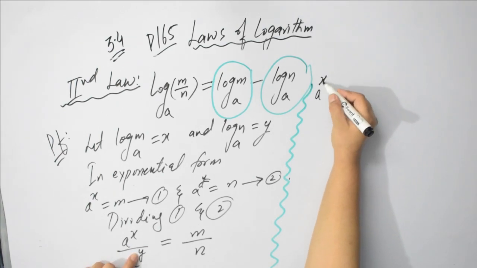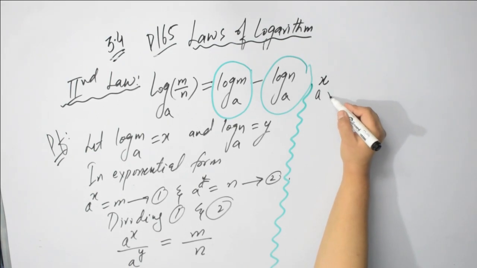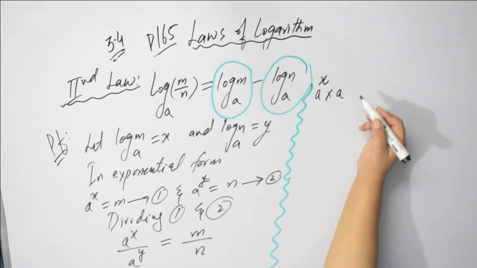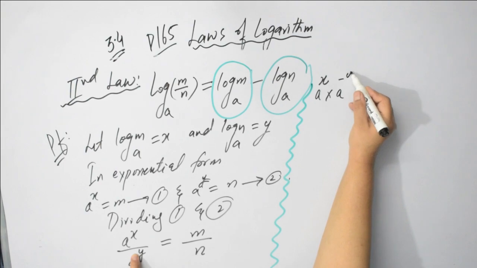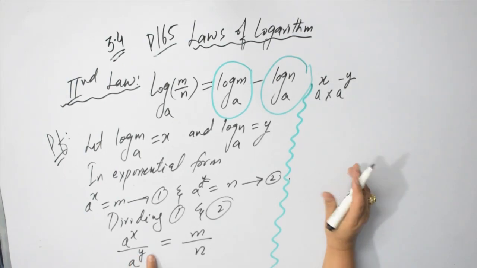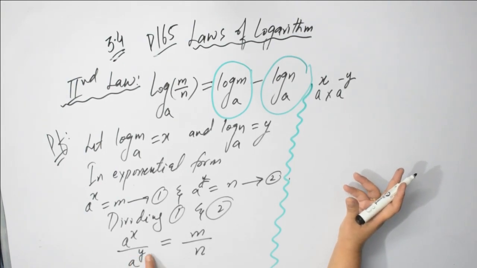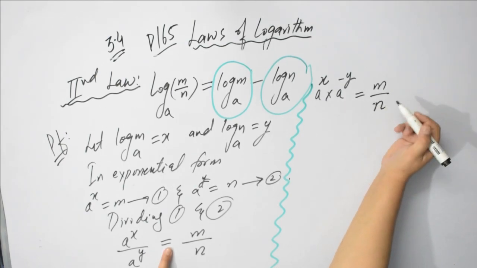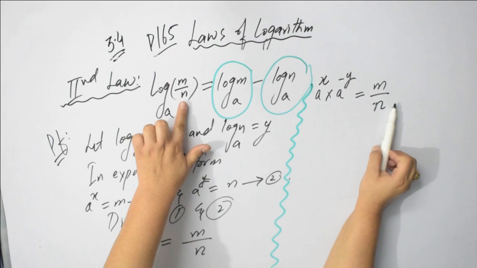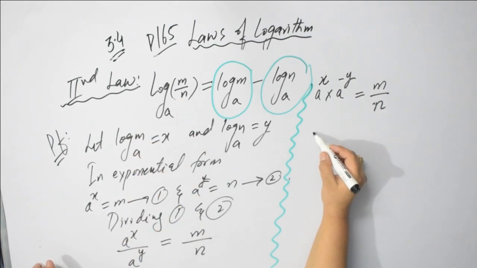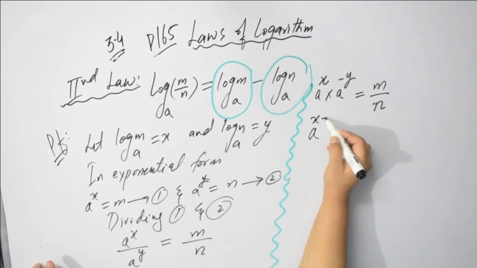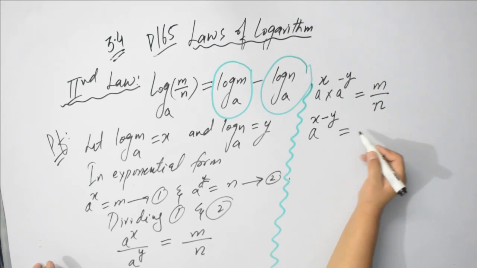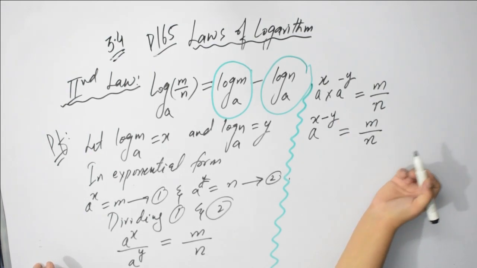It's a^x and when I shift it to the numerator, its power will change, it becomes minus, according to laws of exponents, a^(x minus y) is equal to m upon n. We did not change these, because my law's form was this, m by n. Again bases are the same, so I'm combining the powers, m by n, right?